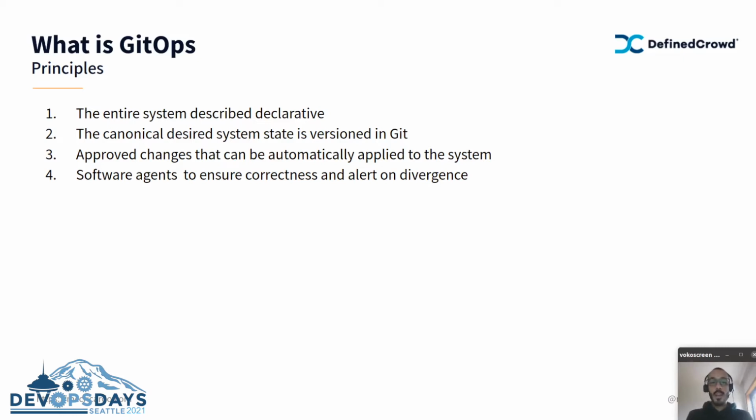GitOps is based on a few principles, and we're going to state 4 here and see what we mean by these principles. The first is that the entire system should be described declaratively. What does this mean? Kubernetes is just one example of many tools that are declarative and can be treated as code. What this means is that the configuration is defined by a set of facts instead of a set of instructions.